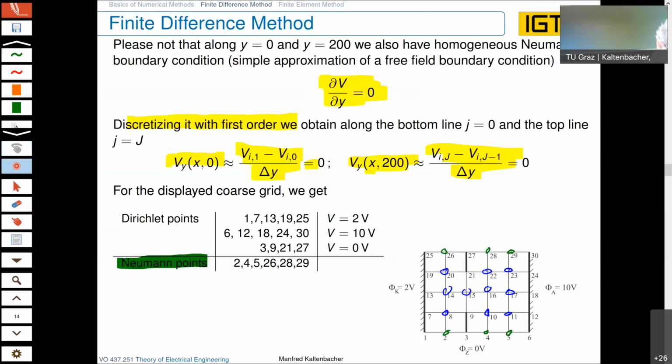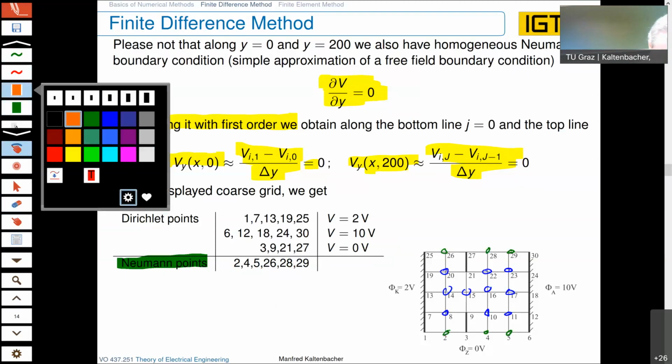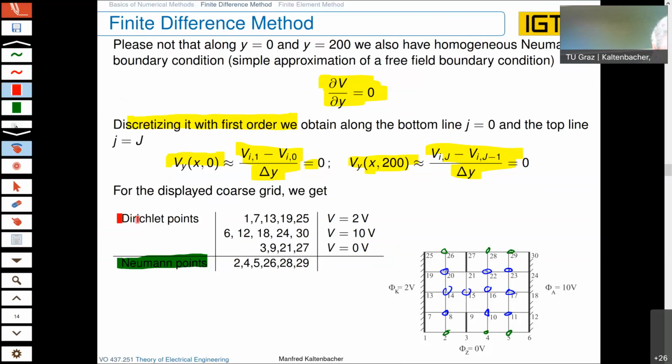And the Dirichlet boundary conditions, again, as we had before in red. So these are the Dirichlet points: this point, this point, this point, this point, this point, these 2 points, and these points. For this coarse grid, I then have a solution for a quite fine mesh in order to nicely see the electric potential distribution.